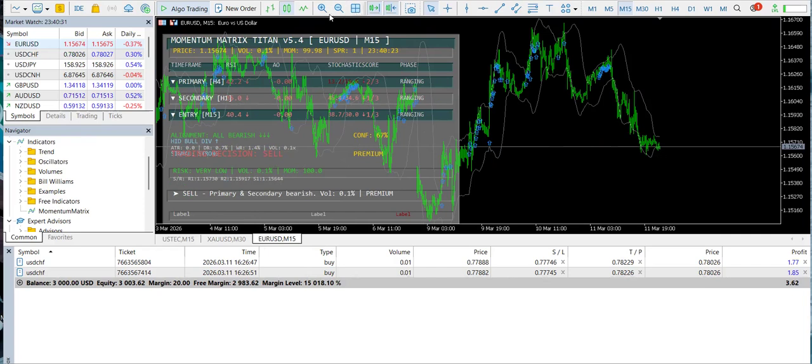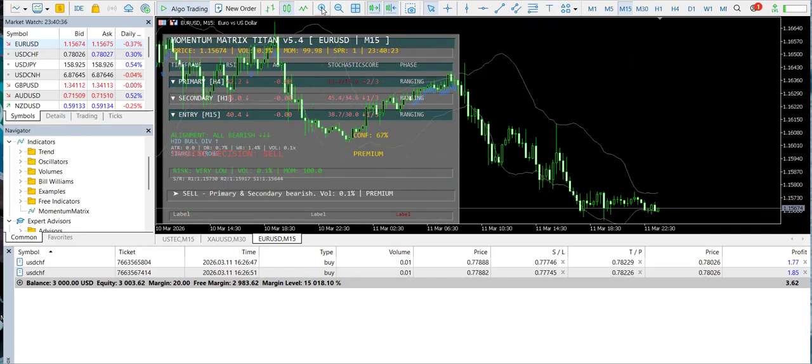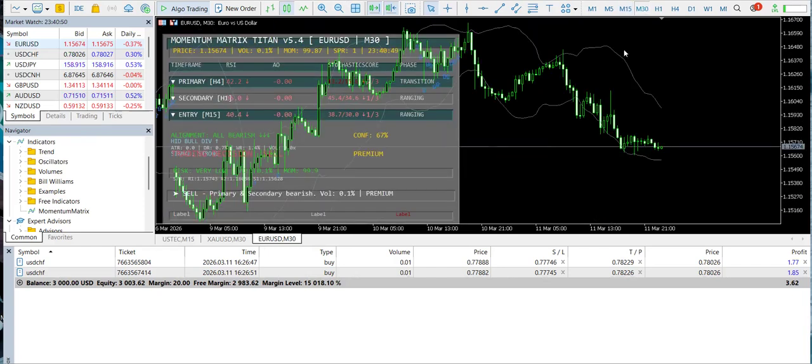This one is selling, as you can see, and that is how you use this indicator. It gives you an idea of what is happening and also the signal for the trades you're supposed to take, because this is an indicator. It helps you to do that. So that is how we use it.